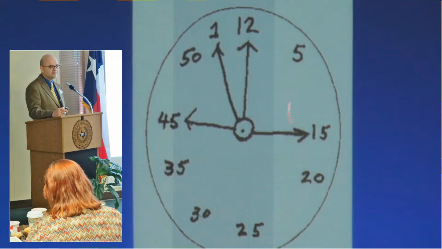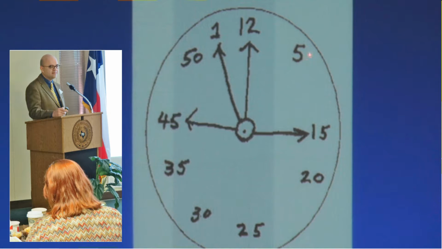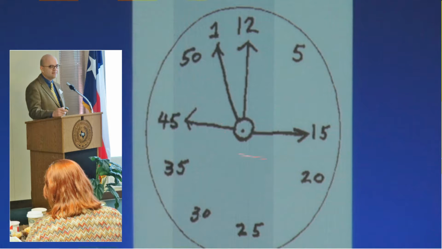That's the only thing he kept in his mind, and he started writing by fives, 12, 5, 15, 20, 25, 30, 35, and then the 45, that's an intrusion right there, you see? Then 50, and then he wrote a 1 here, and then he starts pointing arrows in all directions. So yeah, really impaired, right?